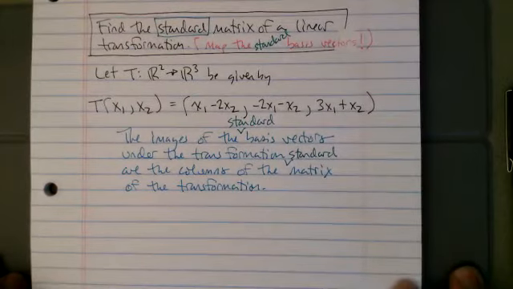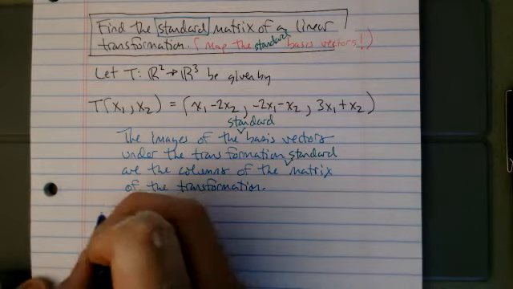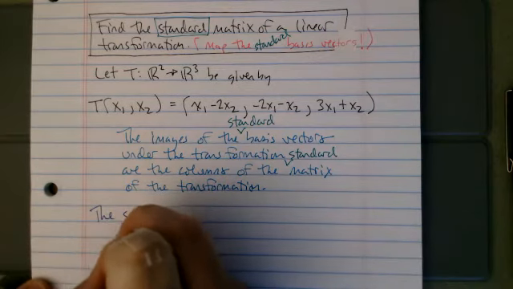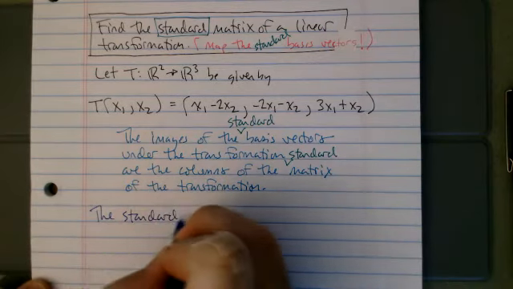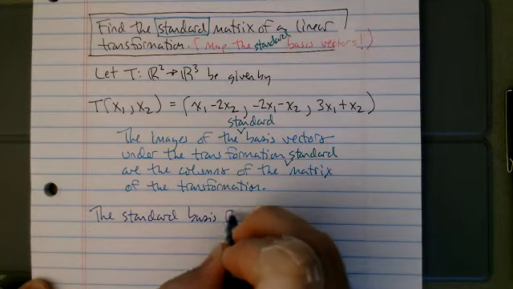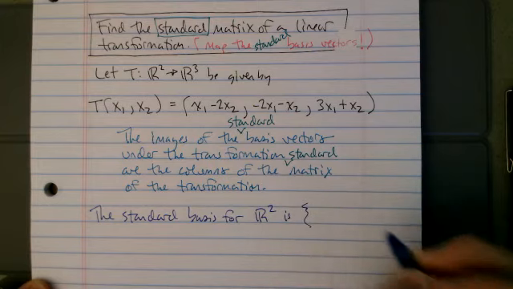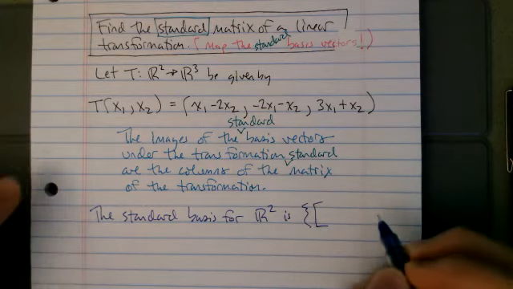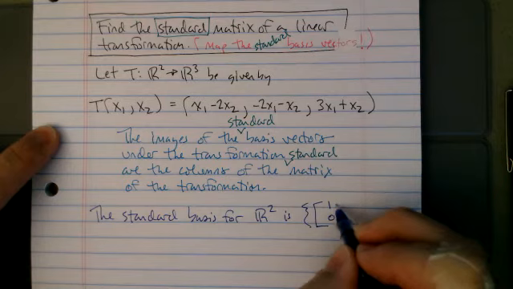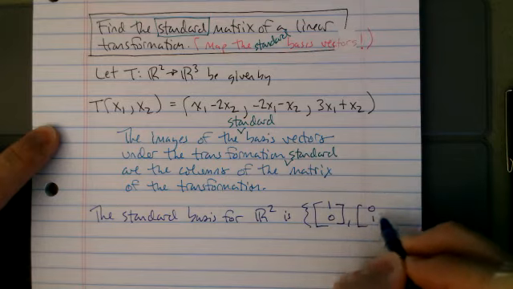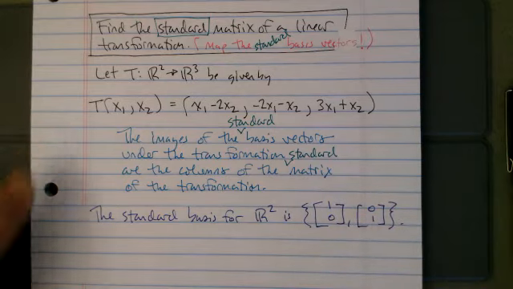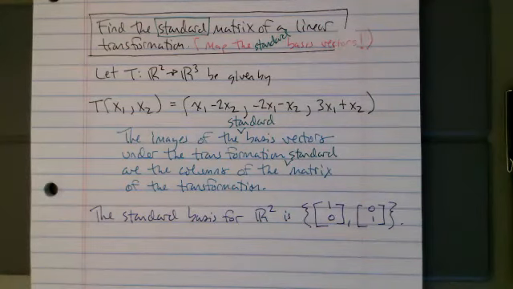I realize that I have not talked about standard basis vectors, so I'm just going to state that now. The standard basis for R2 is the set of vectors (1, 0) and (0, 1). A basis for a vector space is a linearly independent set of spanning vectors.